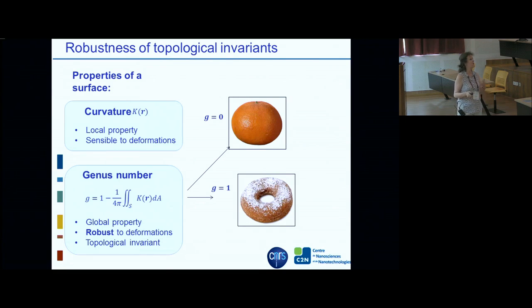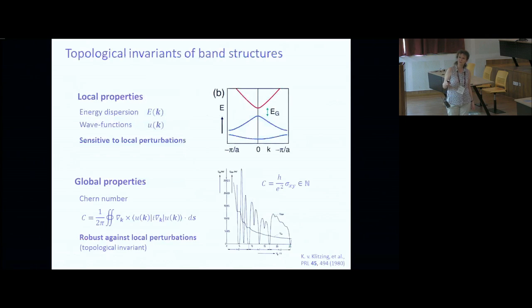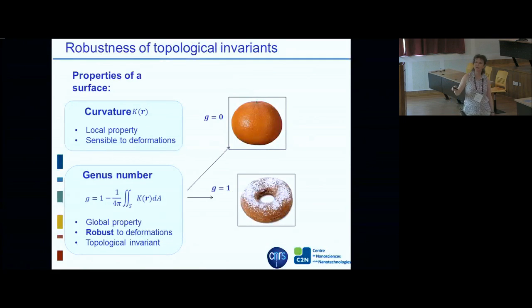The genus number will always be 0. Here, this donut has a hole inside, and this corresponds to a genus number equal to 1. And you can transform it into anything you want, but if you don't add another hole, it will always remain a surface within this general ensemble.